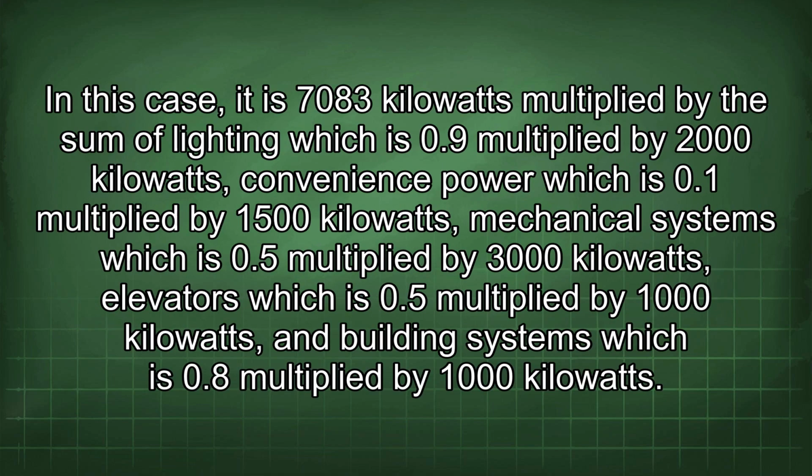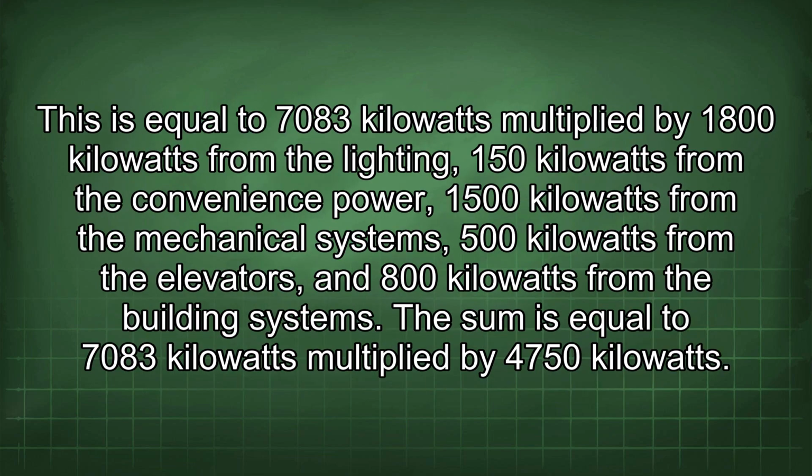In this case, it is 7083 kilowatts multiplied by the sum of lighting, which is 0.9 multiplied by 2000 kilowatts, convenience power, which is 0.1 multiplied by 1500 kilowatts, mechanical systems, which is 0.5 multiplied by 3000 kilowatts, elevators, which is 0.5 multiplied by 1000 kilowatts, and building systems, which is 0.8 multiplied by 1000 kilowatts.